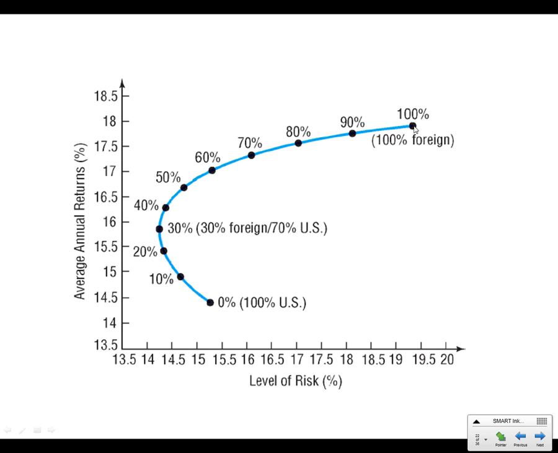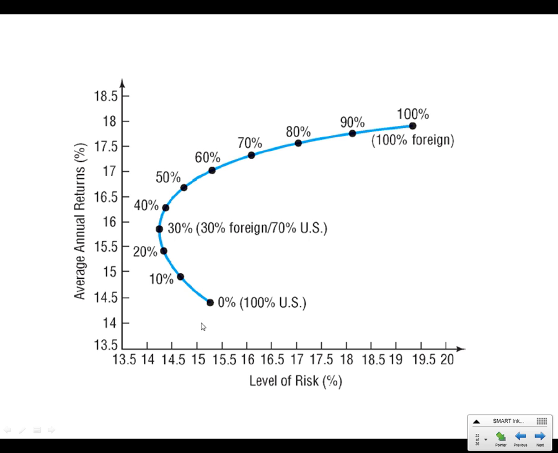And so if we have 100% foreign, 90%, oh, this is interesting. All right, so they're saying if you have 100% U.S. stock, it's going to be at about a 15.25% level of risk and a little under 14.5% in your average annual return. And so we can plot all these points here.